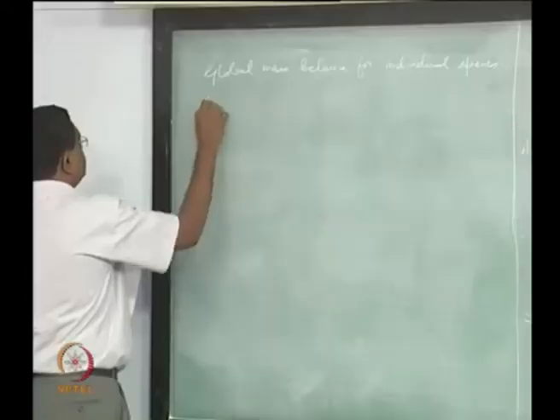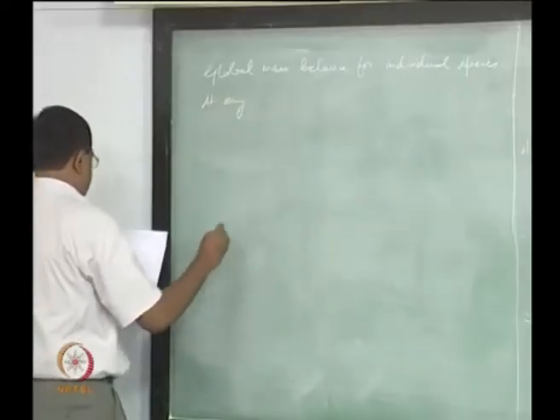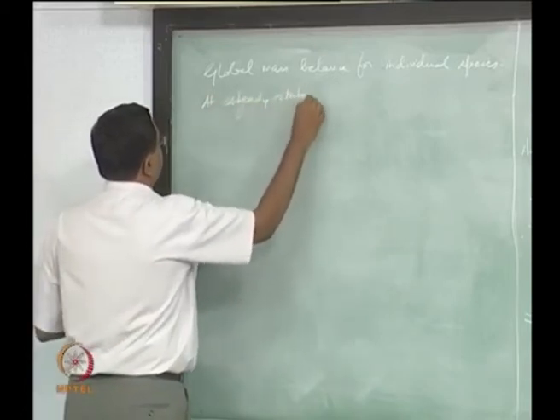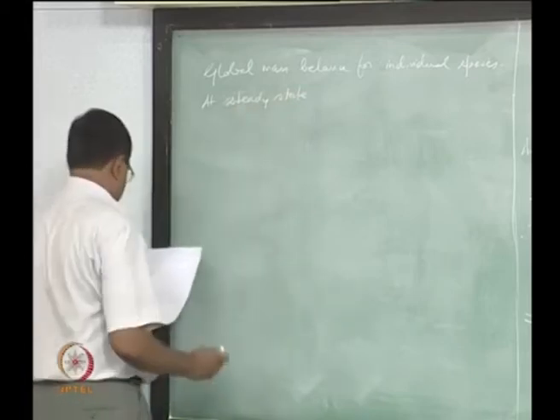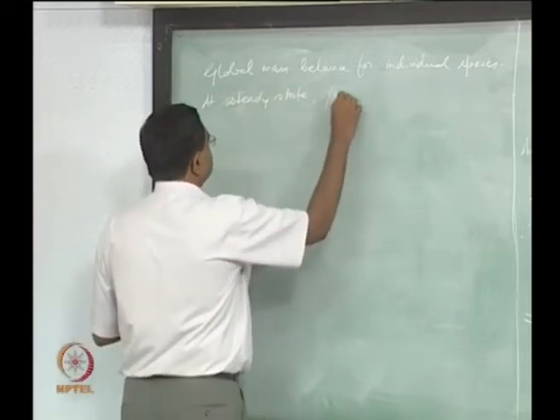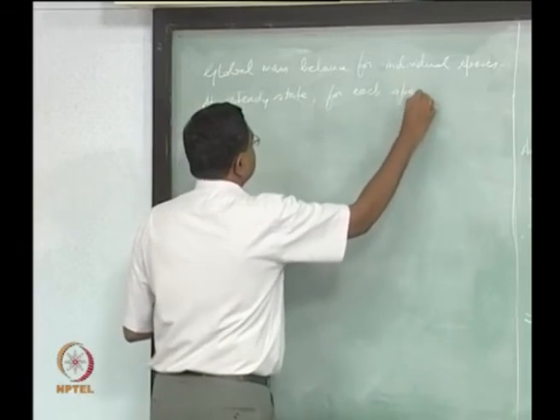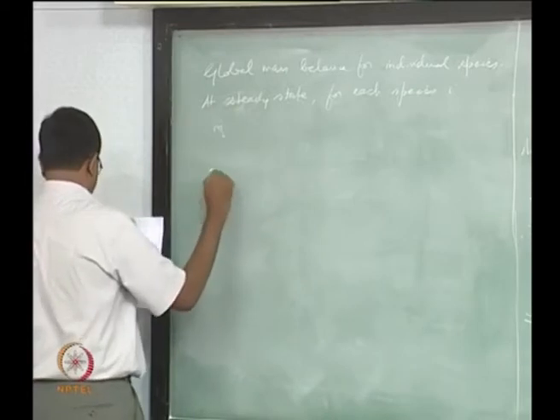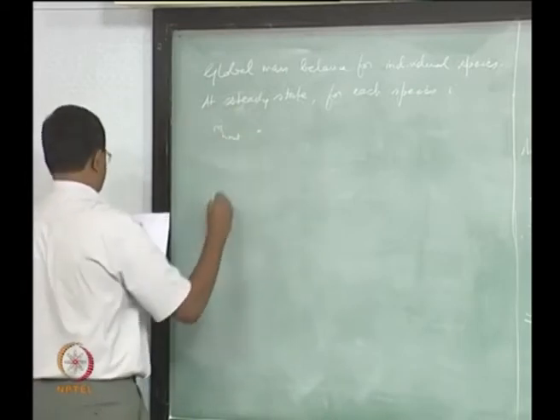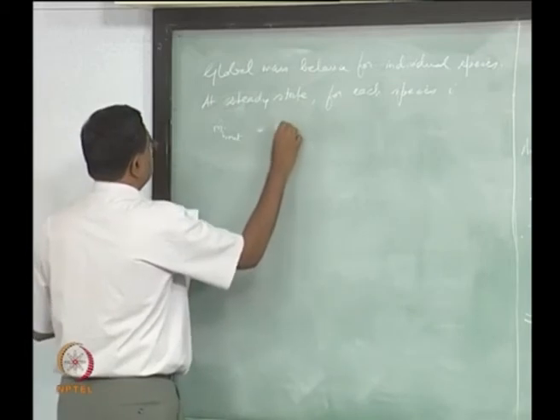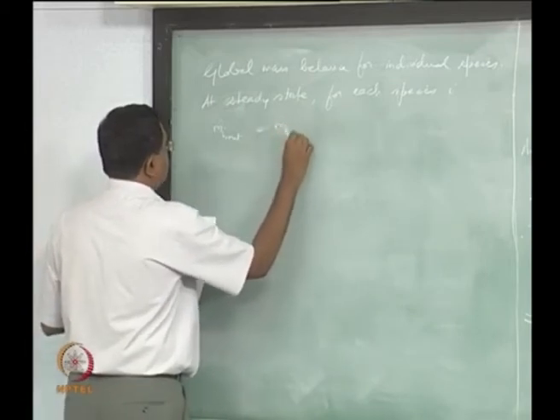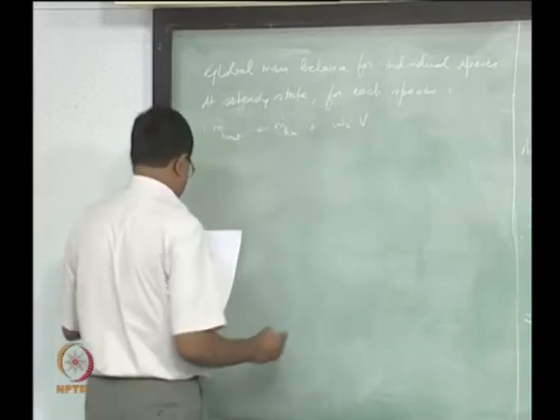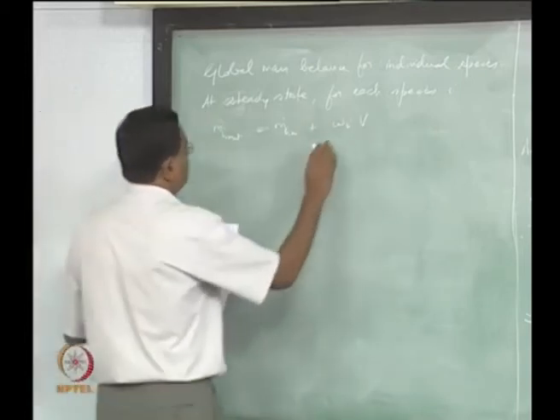So at steady state, for each species I, m dot I out equal to m dot I in plus omega I times V. I am sorry, made a mistake.